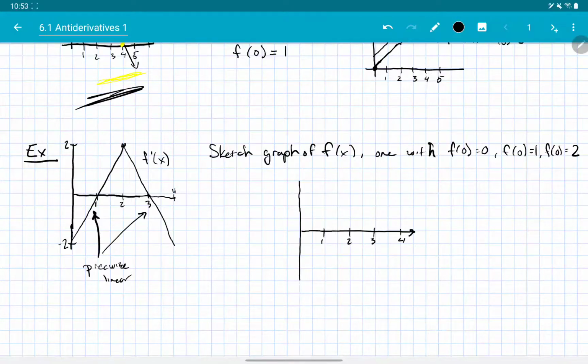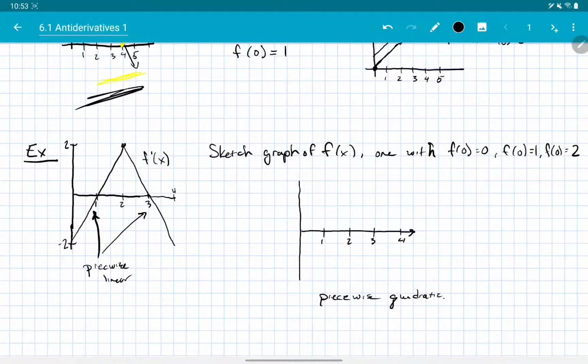The antiderivative of a function a times x is a over 2 x squared. So that means that our graph is going to be piecewise quadratic. These are going to be pieces of parabolas.